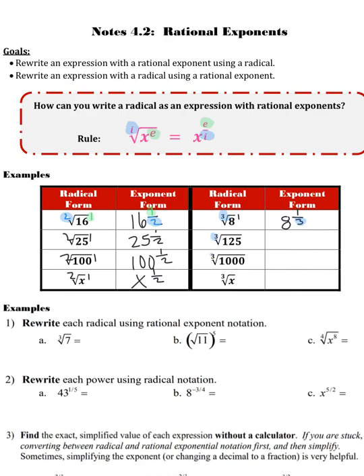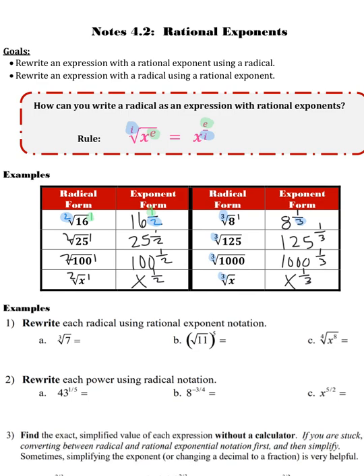And for each of these, it's a cube root, so we will end up having each base number, so this time 125, will be raised to the 1/3, or this one is 1000 raised to the 1/3, and finally x raised to the 1/3.